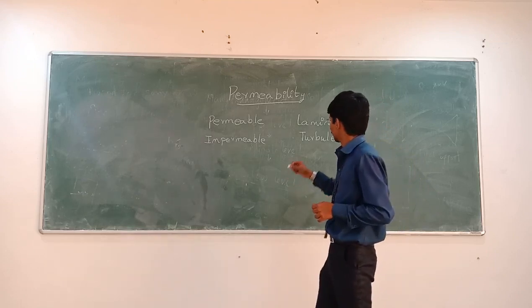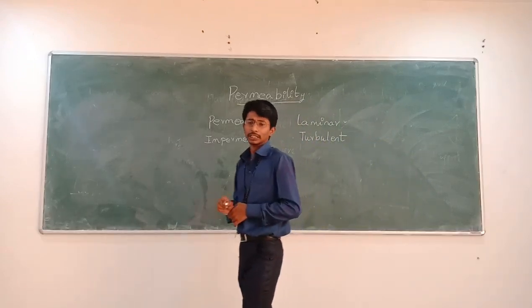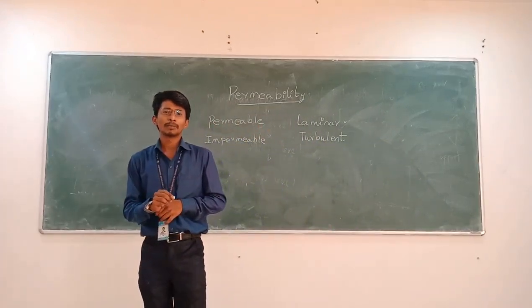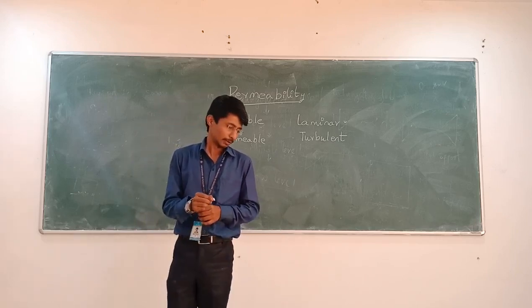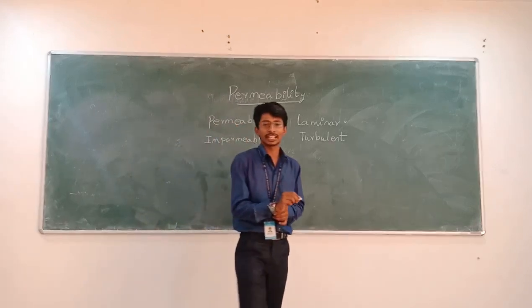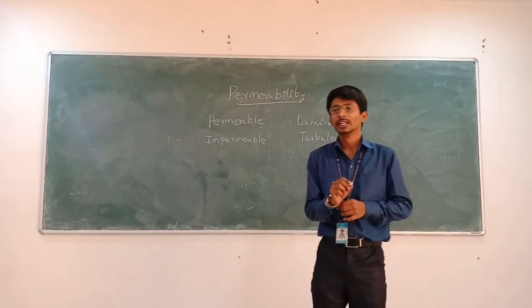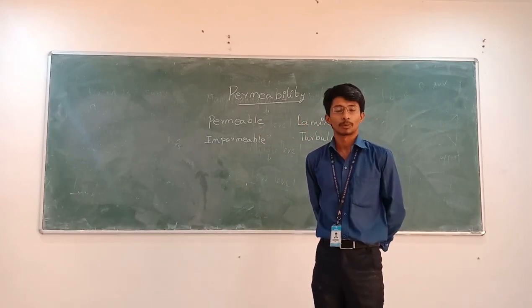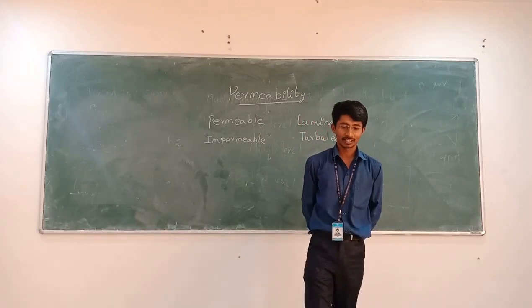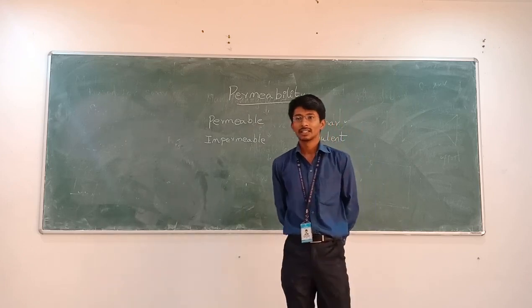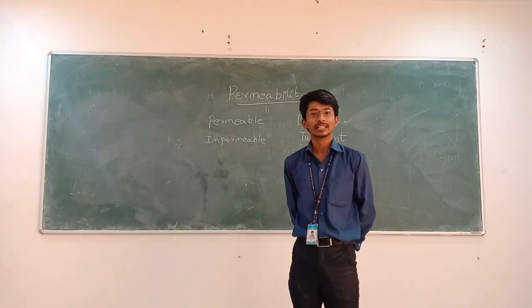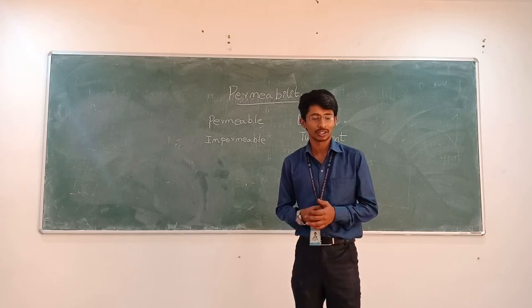Okay. Next, why do we have to learn the permeability? Permeability should be learned in our civil engineering aspect because it is a property which has a direct impact on the settlement of a building structure.